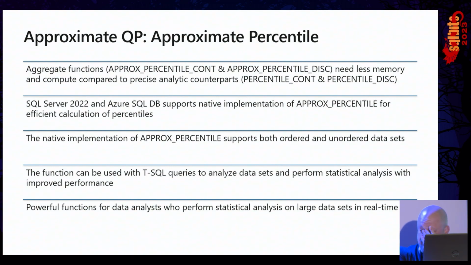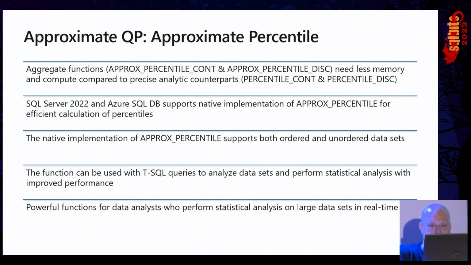The functions use less memory and CPU as compared to the precise analytic counterparts, which are more accurate. So if you don't need the accuracy, then it's going to take a fraction of the time to execute. Overall, approx percentile functions are useful in applications where the response time of the percentile calculation is far more important than the accuracy of the result, essentially.